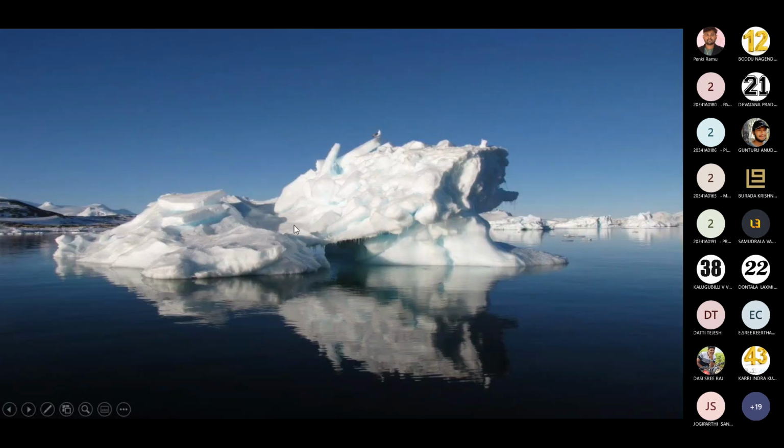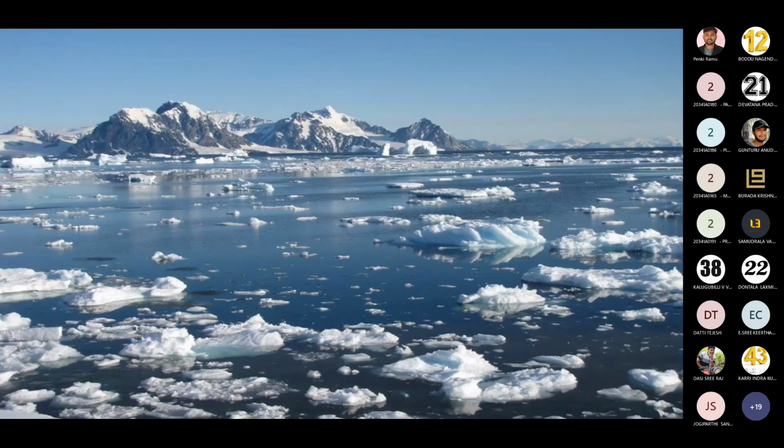So this is a small simple picture of iceberg. Another picture of iceberg, you can clearly see at the mountains there is so much snow and ice present. Where this land is meeting the water body, some type of attachment is present between the ice and water.